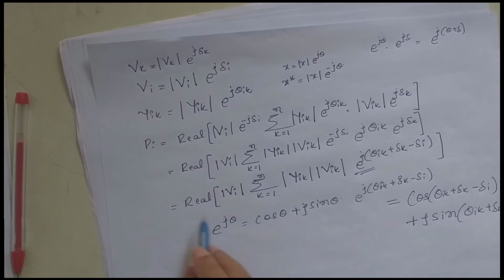We want the real part of it, which is cos of theta ik plus delta k minus delta i.